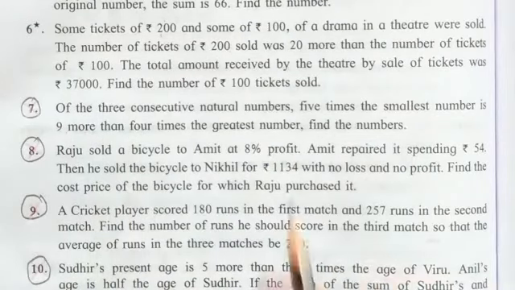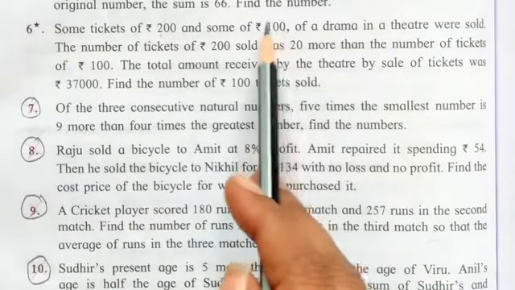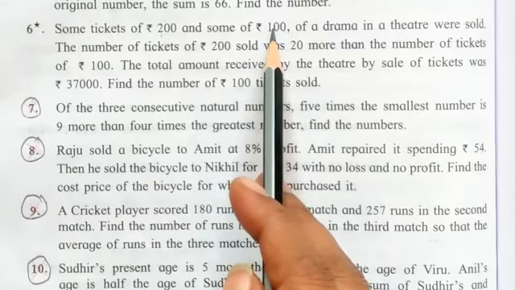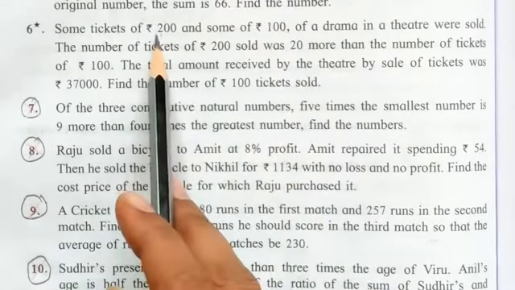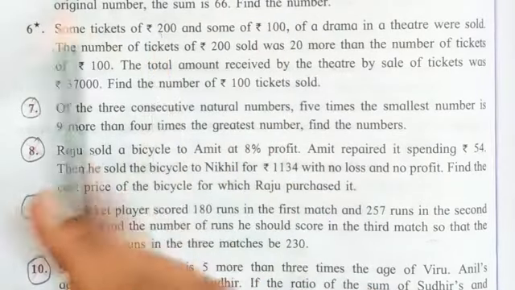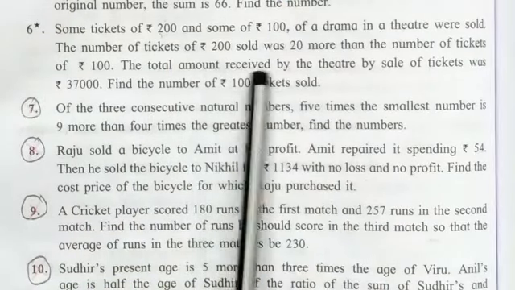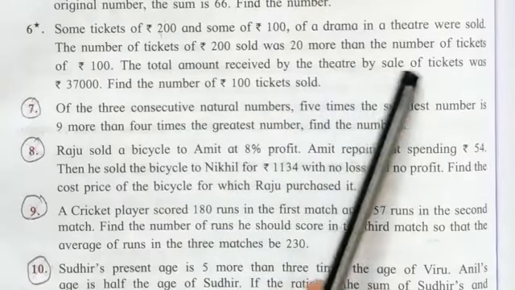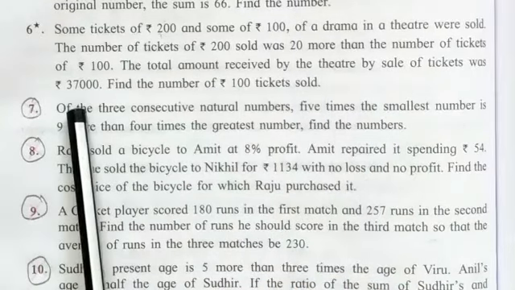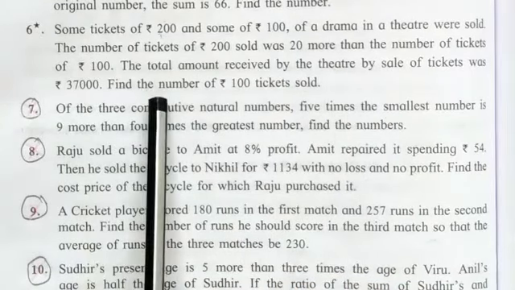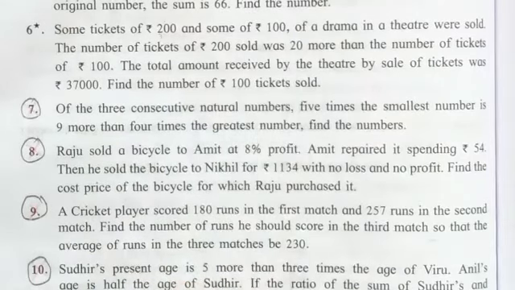It means if 50 tickets of 100 rupees were sold, then 20 more, that is 70 tickets of 200 rupees were sold. So the total amount received by the theatre by selling the tickets was 37,000. Find the number of 100 rupee tickets which were sold in the theatre.